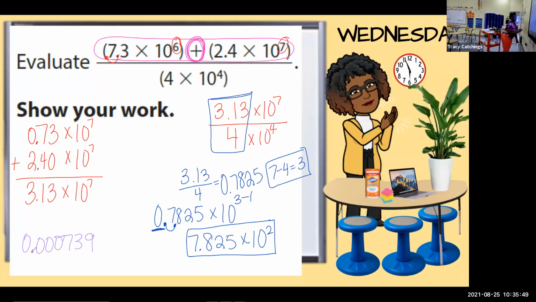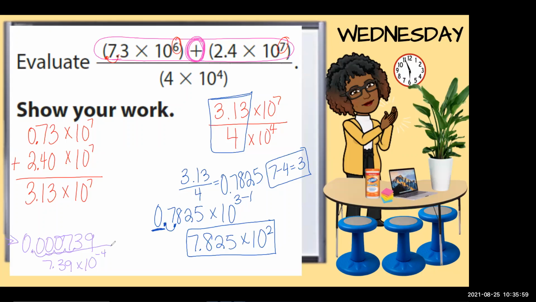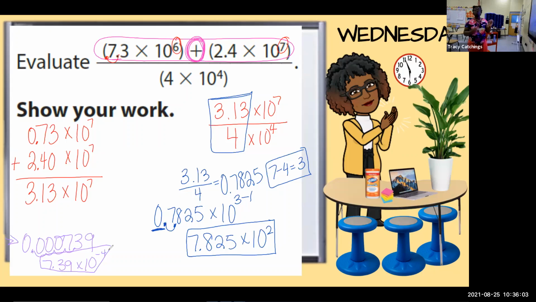A number like that isn't in scientific notation, so we can have a 0 in the front. But when we put it in scientific notation, we get rid of all those zeros. So just remember, if it has the 0, it's in standard form, so you'll still have to change to scientific notation. Good question.